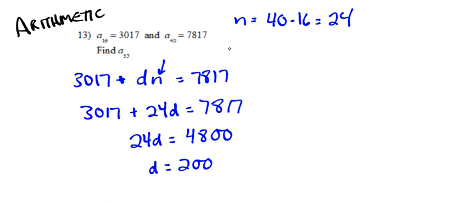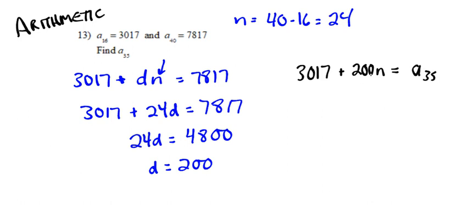Right? Now, you could go from there and you could work your way all the way back to find term 0, and it's just going to end up being kind of more trouble than it's worth, because we can use this same method now to find the 35th term. All right, so if I start with 3017, I'm going to add the common difference, 200, a certain number of times, and I'll get to term 35.